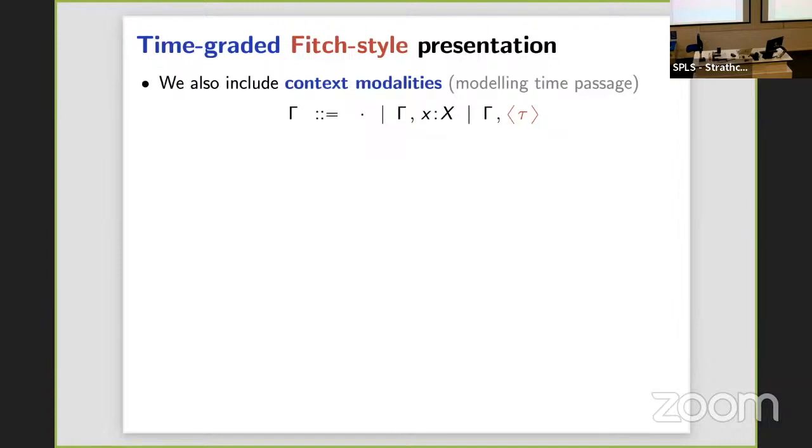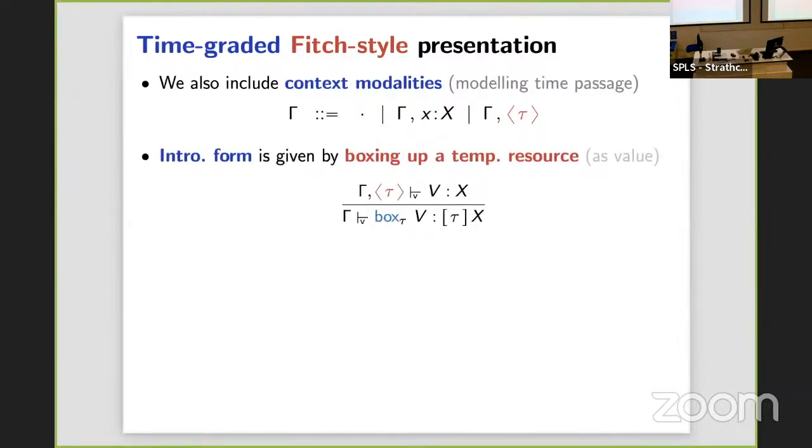The way that you should understand it is we read the context from left to right, and this modality here captures the passage of time. So when you look at this context, any variables in gamma were bound or brought into scope tau time units in the past. For example, when you look at the introduction form of these modal types, in order to box a value of type X and give it this resource type, we have to be able to type this value hypothetically tau time units in the future.